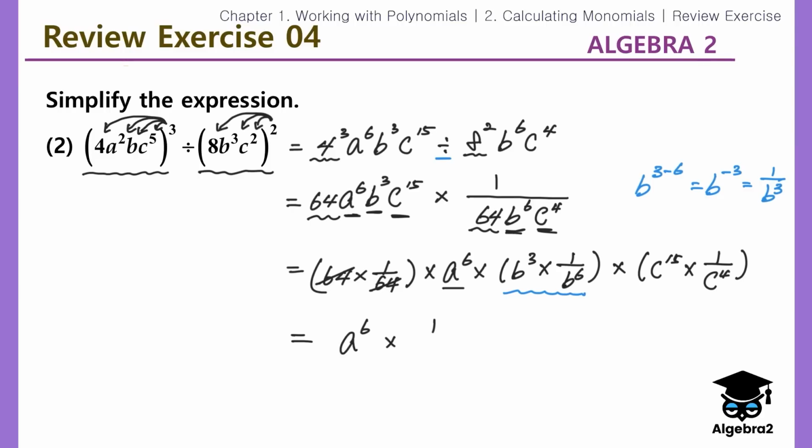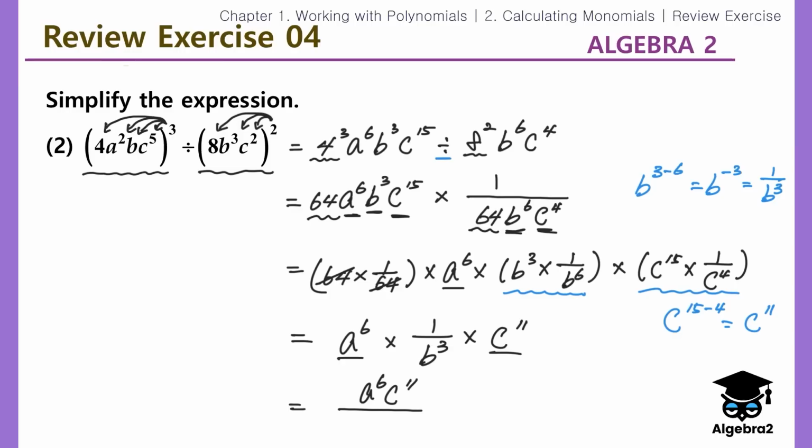So we have 1 over b cubed times this part right here, c to the 15 minus 4, right? So that's c to the power of 11. So c to the 11. So that is equal to, in the numerator, a to the 6, c to the 11, and in the denominator, b cubed.